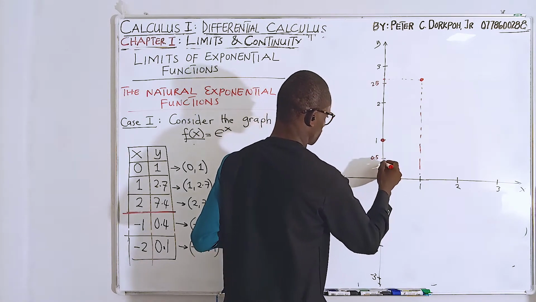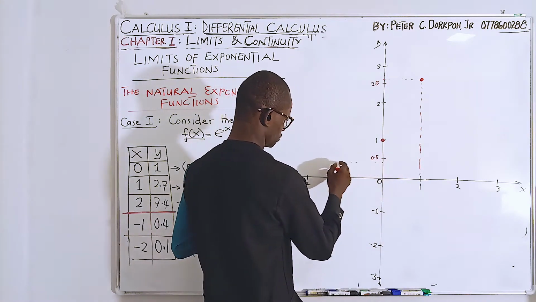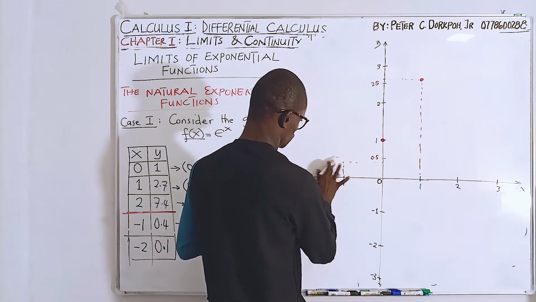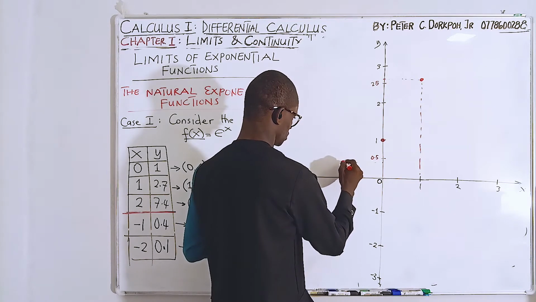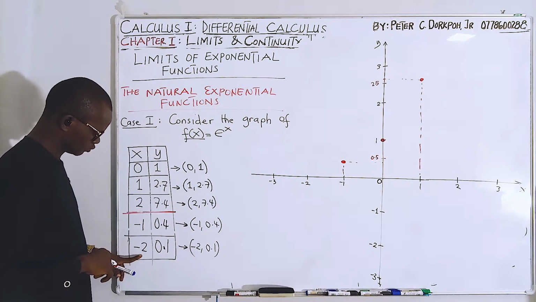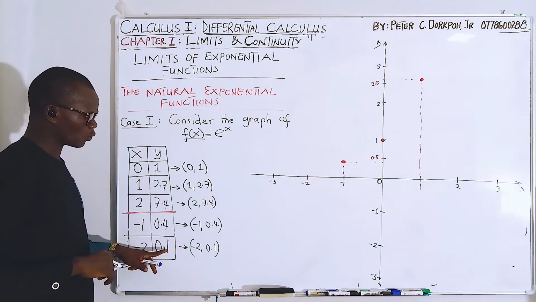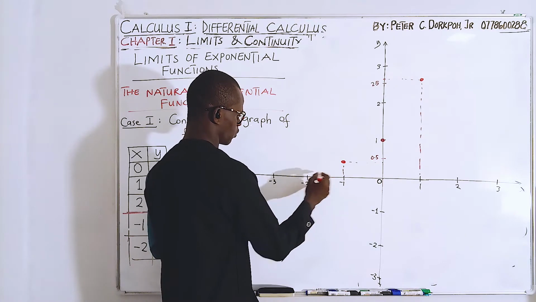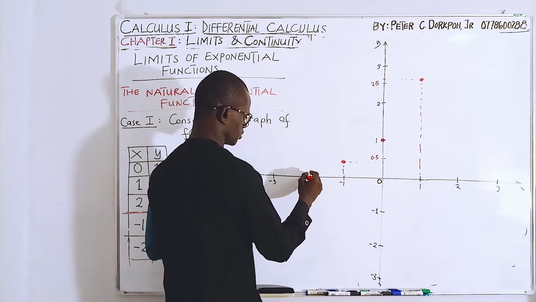So 0.4 is somewhere around here, approximately. When x is minus 2, y is 0.1. So 0.1 is somewhere around here.